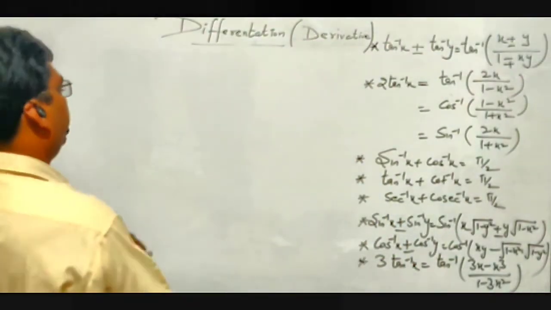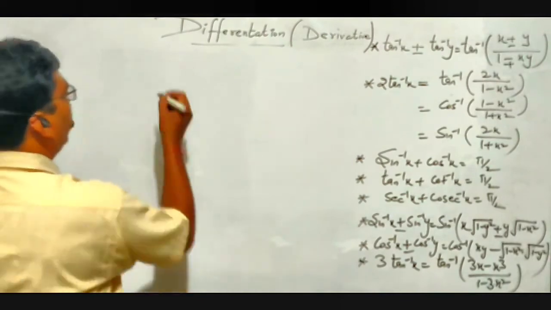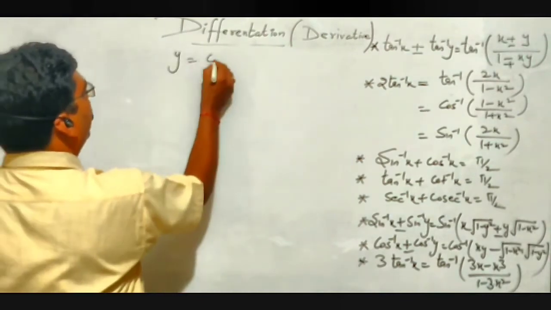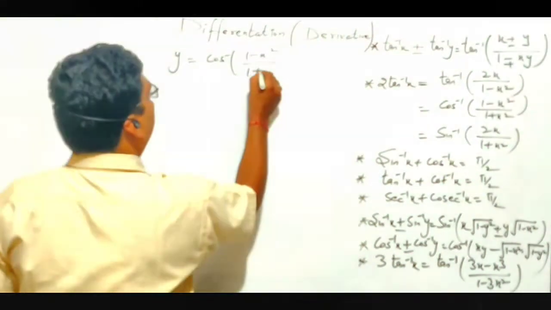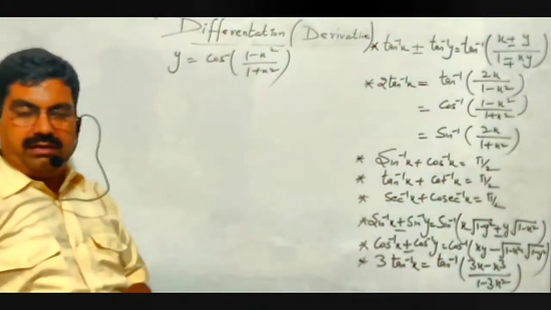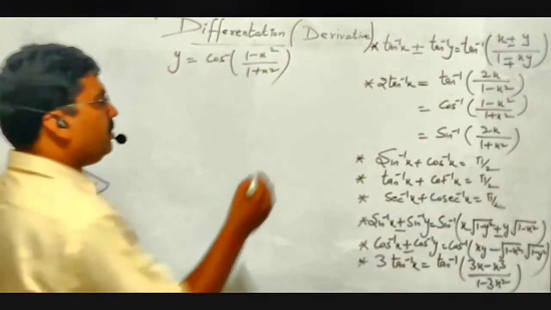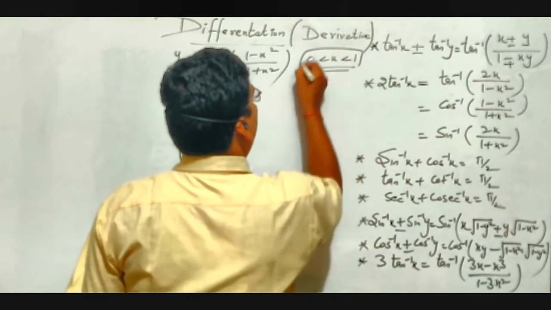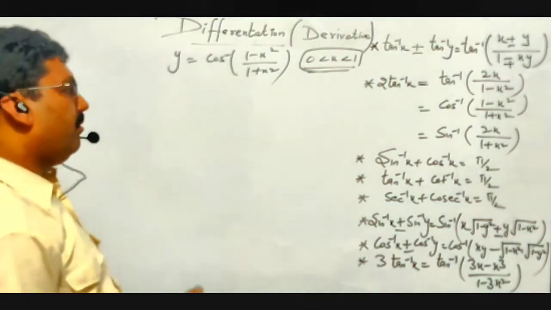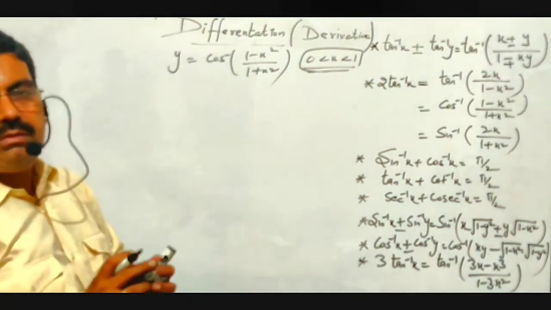So first, find the derivative of y equal to cos inverse of (1 minus x square) by (1 plus x square), where the range of x is 0 to 1. This is given in the question, but we do not use it.